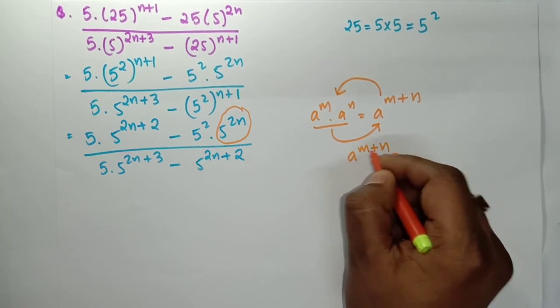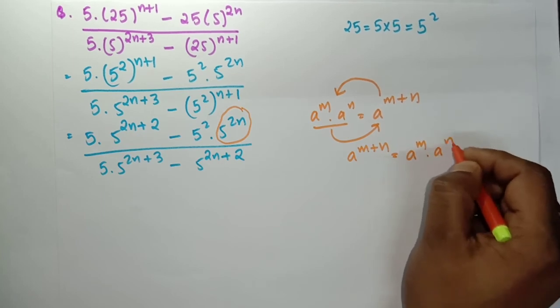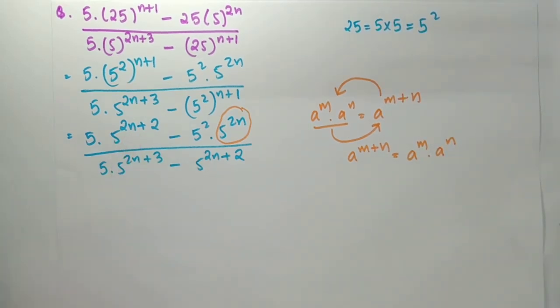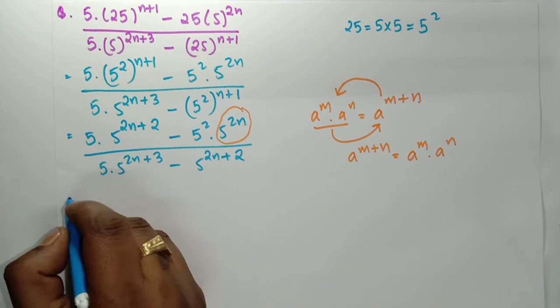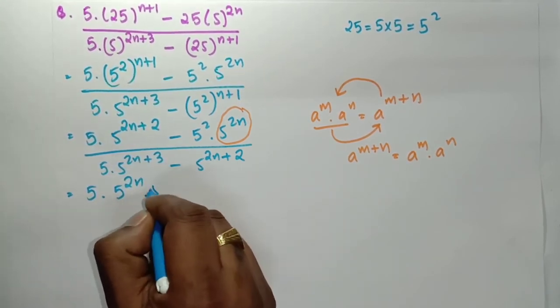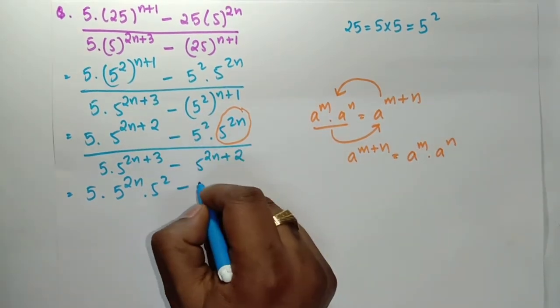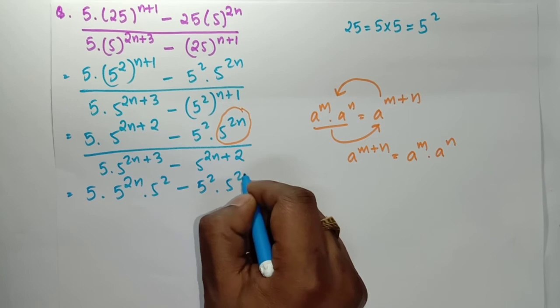If a to the power m plus n is there, I can write a to the power m into a to the power n. Similarly, you can see here 5 to the power 2n is there. So this I'll change to 5 dot 5 to the power 2n dot 5 to the power 2. 5 square as it is, and this is your 5 to the power 2n.